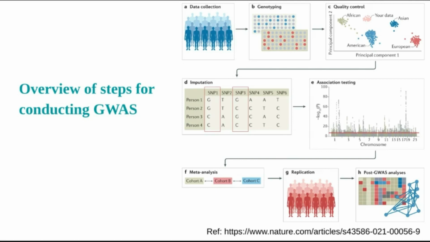Then we go for meta-analysis, or an in-depth analysis of why it is happening in the African people, why it is happening in the European people. If those features and variants are well established, we can go for replication also.